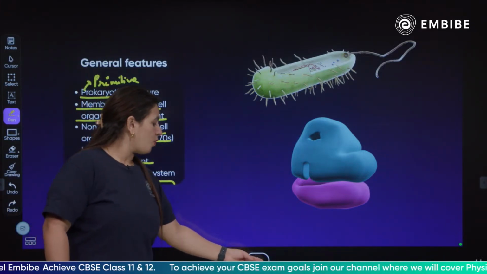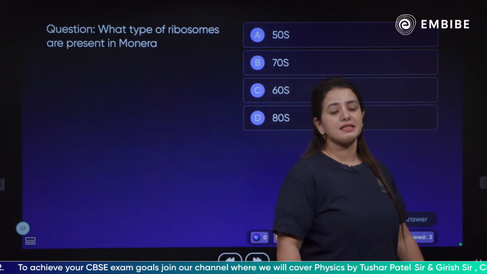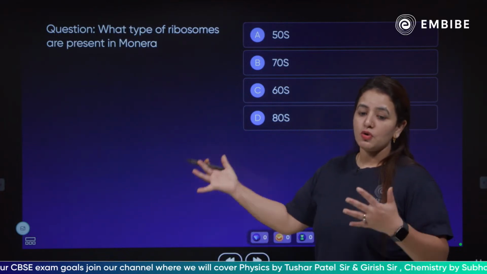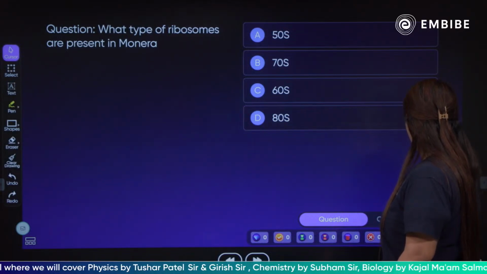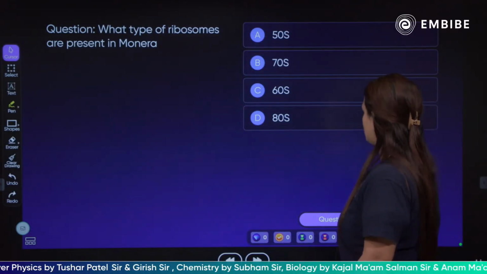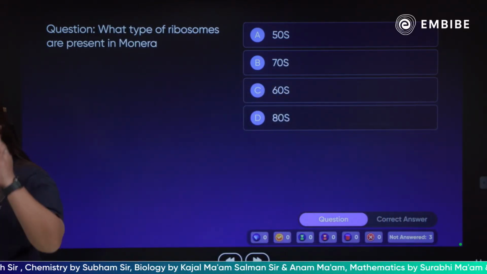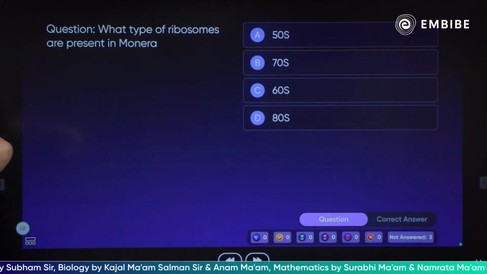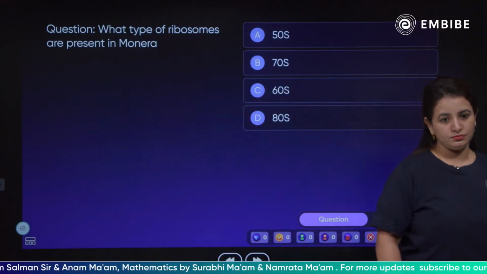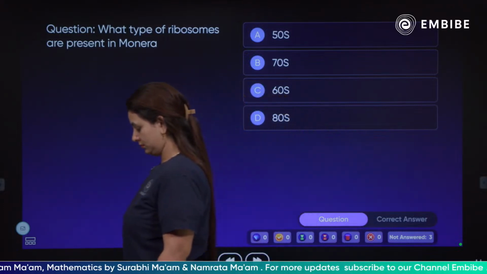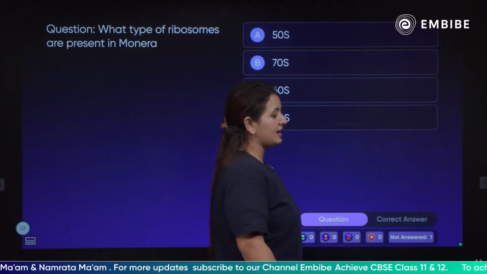Moving forward, children, the question is: what type of ribosomes are present in Monera? Just now we told you what kind of ribosomes are present in kingdom Monera. Come on, quickly tell me. Options: 50S, 70S, 60S, 80S.